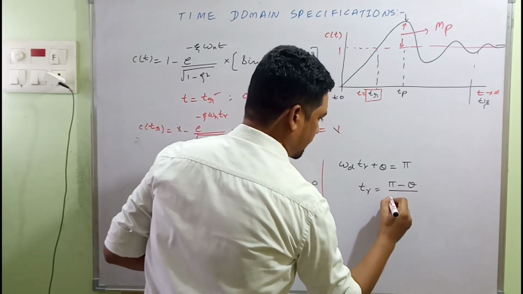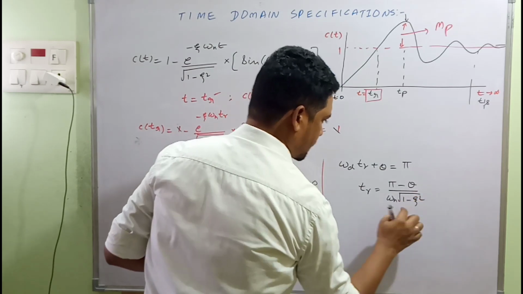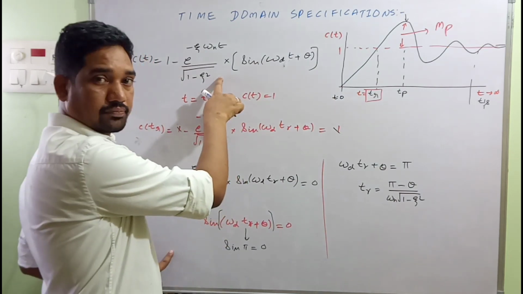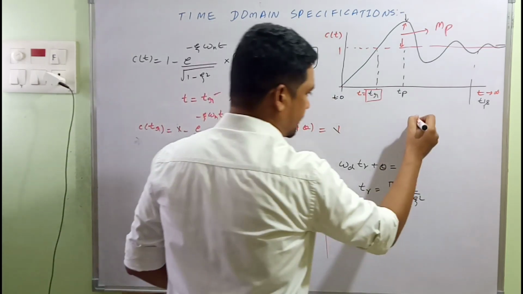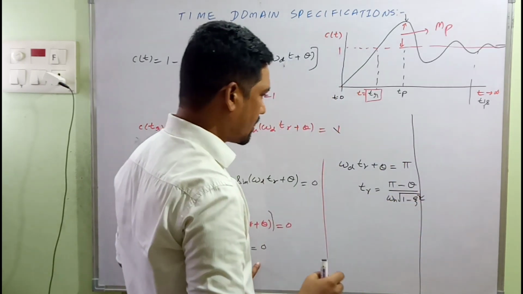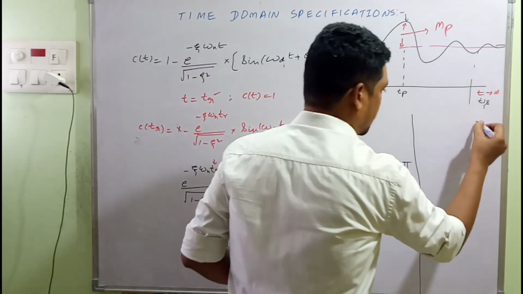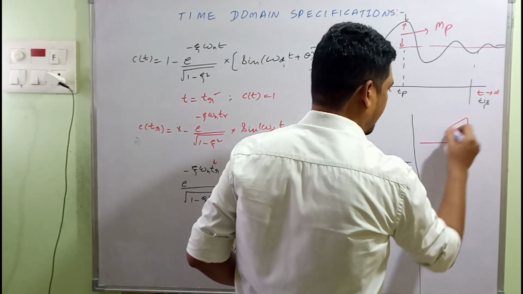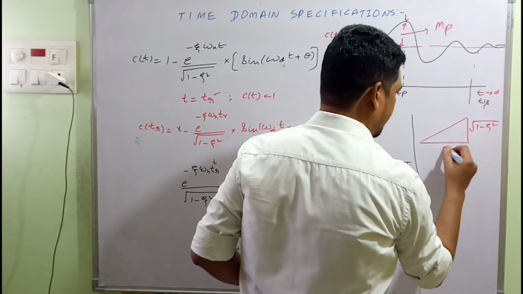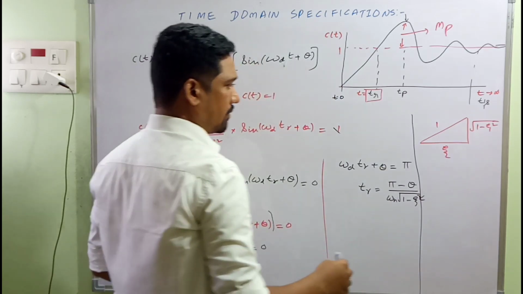This ωd could be substituted with ωn √(1 - ζ²), which we proved while deriving this expression. And what will be θ here? There was a right angle triangle with √(1 - ζ²) on one side and ζ on the other side, so that this square plus this square is 1.